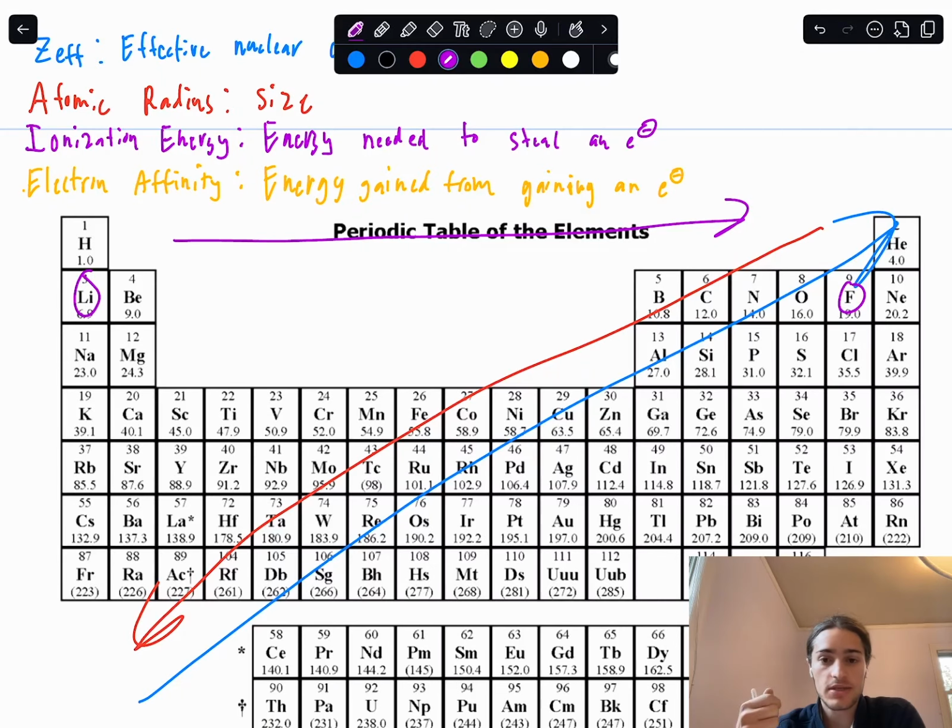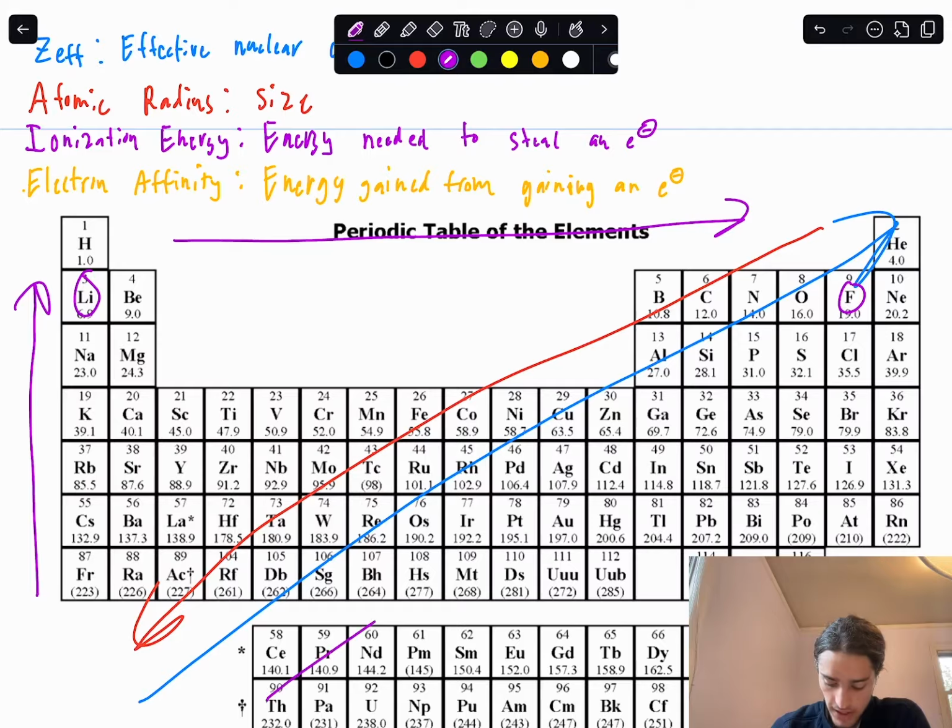So those electrons are more tightly bound in the atom, and therefore it's going to take more energy to steal them. In fact, the ionization energy trend is going to match the effective nuclear charge trend exactly, for pretty much the same reasons. Like I said, effective nuclear charge is kind of the origin of all the other ones. So it's also going to increase as we go up, as effective nuclear charge increases.